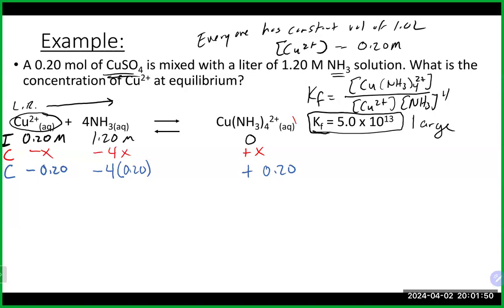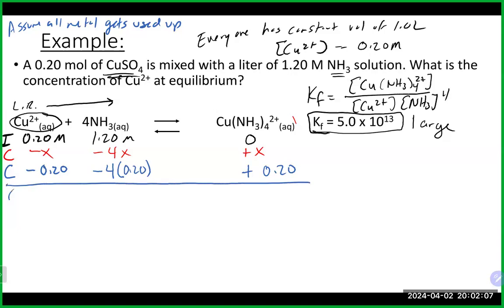So in this case, one of the first assumptions that we make is we're going to assume all the metal gets used up because of the really large value of K in this case. That means when we get to equilibrium, this is going to be 0 here. That's going to be 1.2 minus 4 times 0.2.